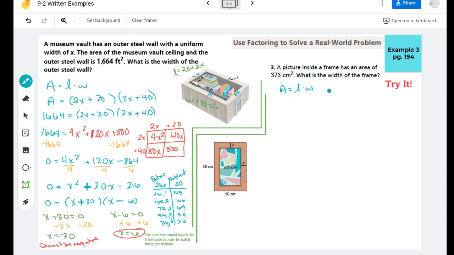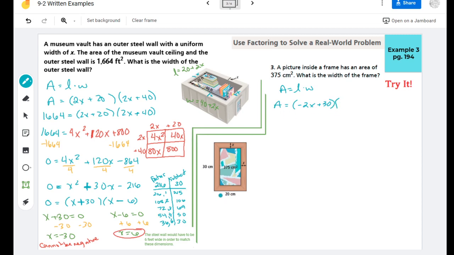But what I'm going to do now is when I decide my length and my width, I'm taking this overall length and I'm subtracting the x's to get the inside area, okay? So my length in this case would be 30 minus 2x. So I'm going to call it negative 2x plus 30, just to get my x's first.